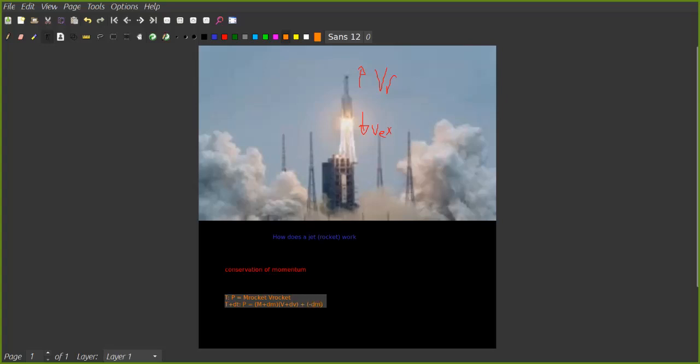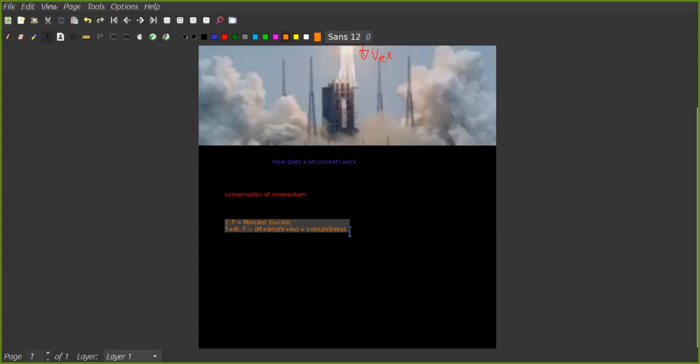So minus dm times the velocity, which is v minus v_ex, because v_ex is constant in relation to the rocket, but if we're down here on the earth, we're going to see v_r minus v_ex.